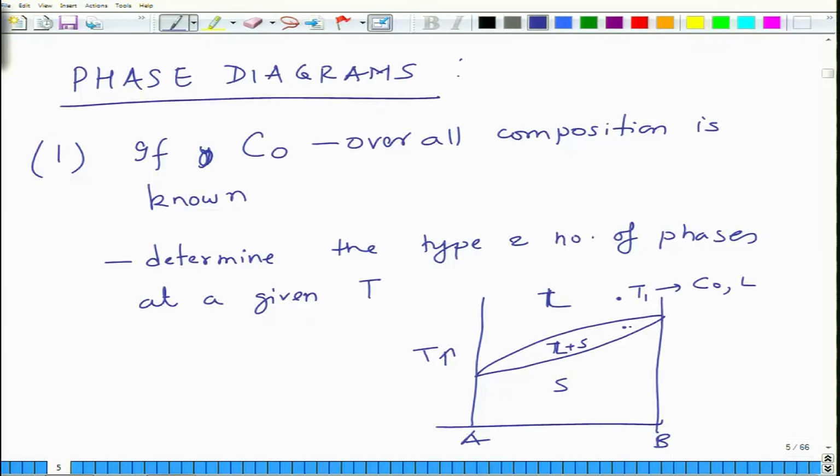When you are at a temperature T2, your composition is C0 and your phases are liquid and solid, two phase. When you are here at T3, composition is same as C0, so you are standing at the same line C0 and your phases are solid. So this is the first information that you get from the phase diagram, that for a given alloy composition, what is the kind of phases you have and how many phases you get. Okay, so this is the first thing you find out.